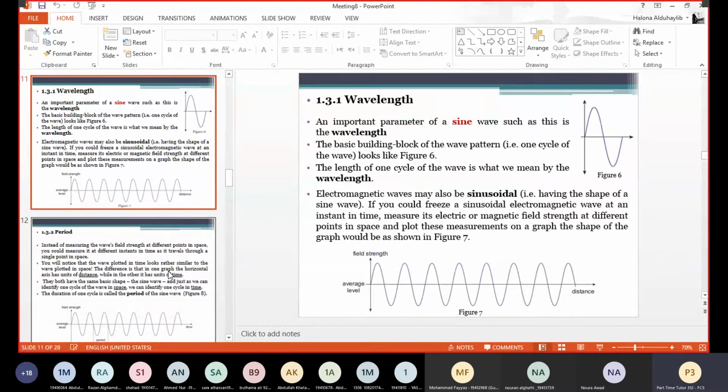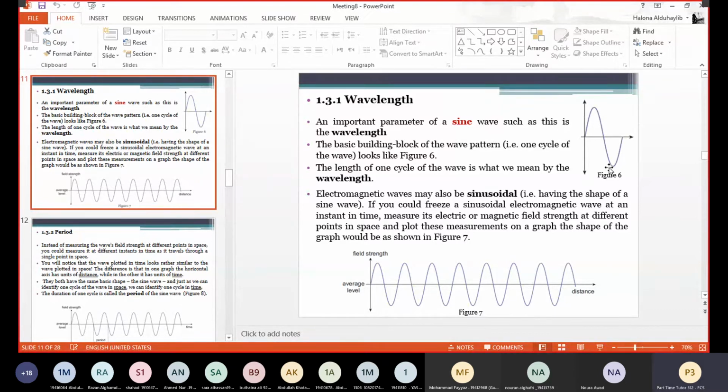An important parameter of a sine wave such as this is the wavelength. So each sine wave has a wavelength. The basic building block of a wave pattern, one cycle of the wave, looks like figure 6. So here in figure 6, up the wave and down the wave, one cycle is the value between the top and the bottom.